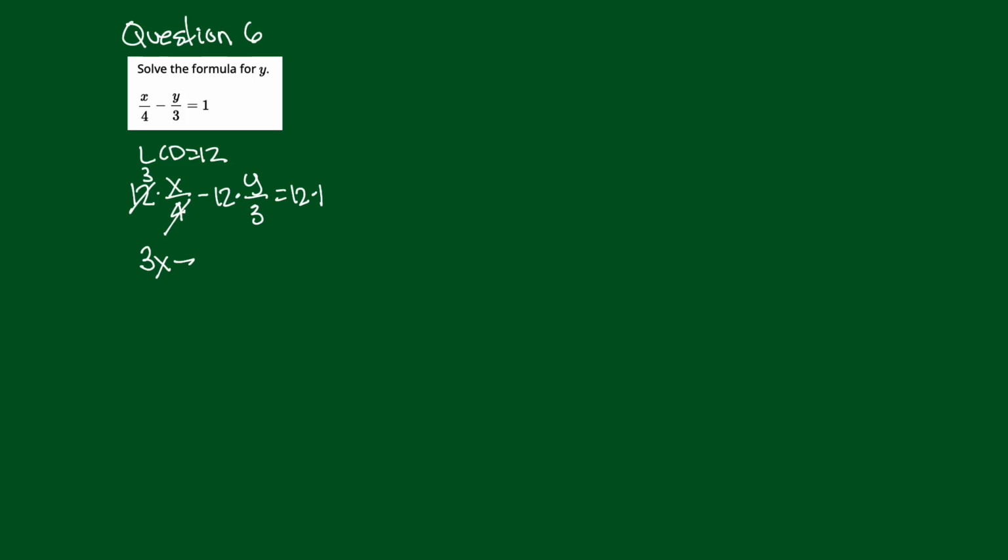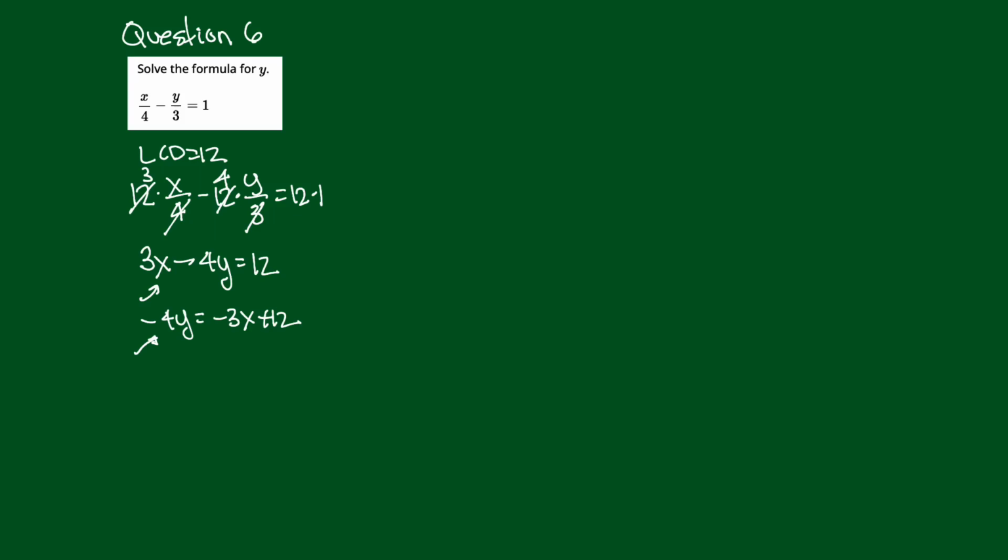Minus, now over here, 3 will go into 12 4 times, and now I'm left with 4y. Equals 12 times 1 is 12. We're close. Let's eliminate this 3x. I'll subtract it. So I'll get negative 4y is equal to negative 3x plus 12.